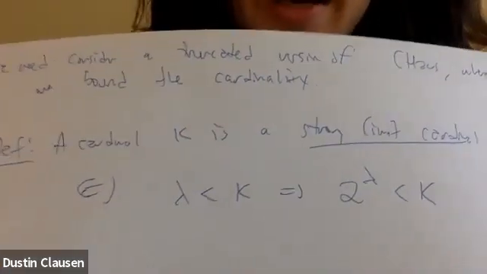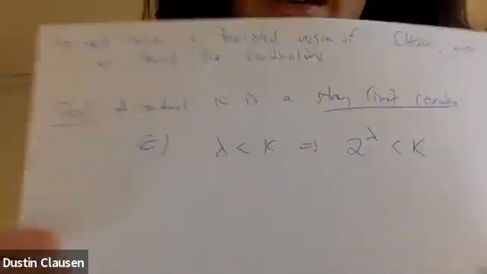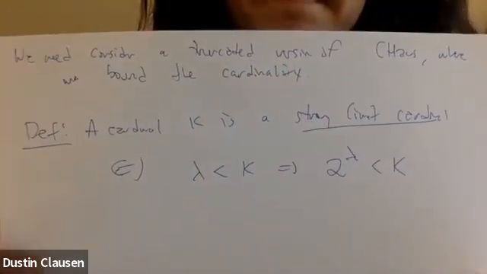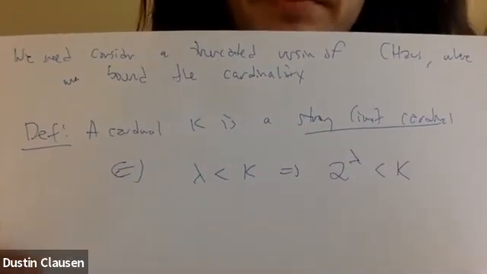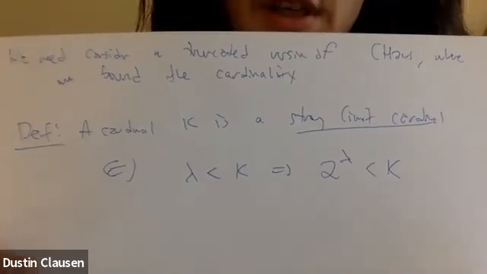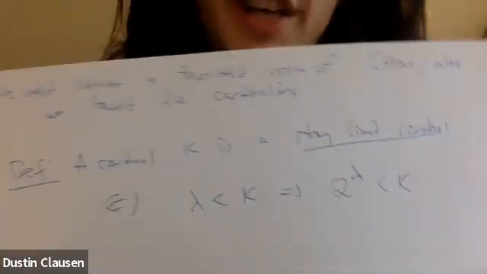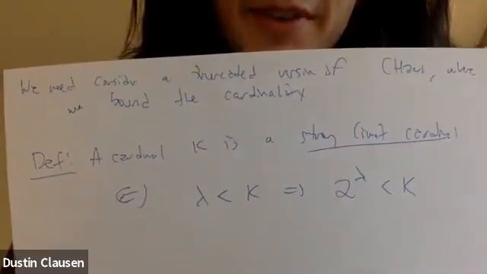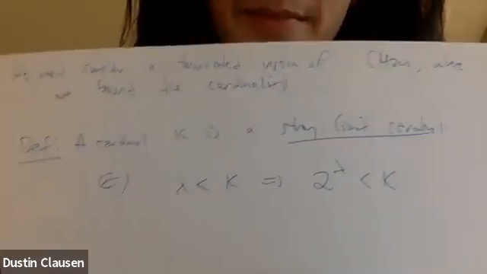So in other words, the power set of any kappa-small set is still kappa-small. So one example would be aleph naught, because if you have any finite set, then its set of subsets is also finite. But actually, there are many more examples. It's easy to make examples.